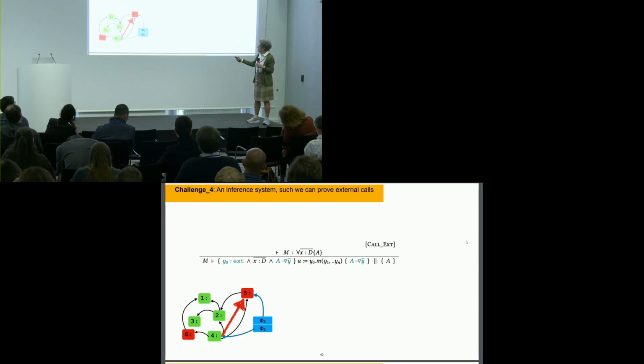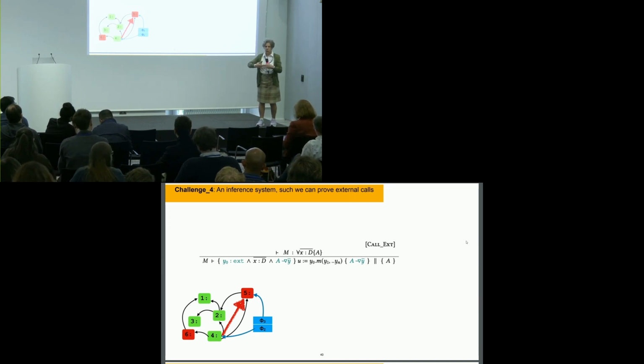So now what is this mysterious adaptation operator? It is something that changes the assertion from the point of view of the caller to the point of view of the callee. So let's look at this situation, 4 calls into 5.